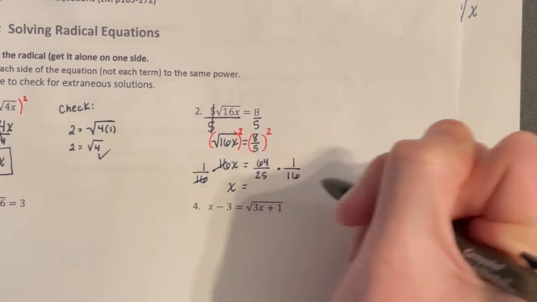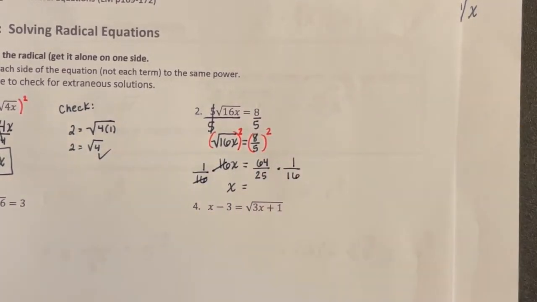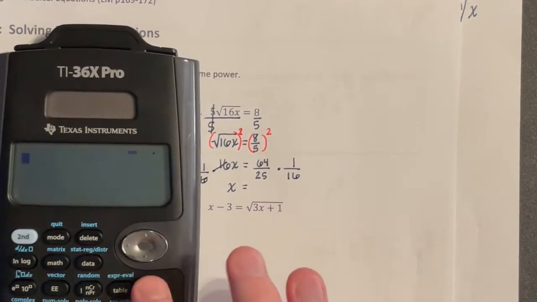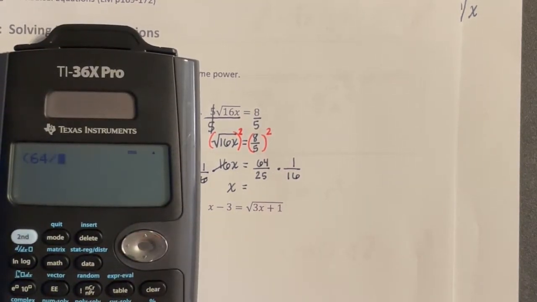So x is equal to whatever this is, but I would just plug that into my calculator to make it easier. If I had 64/25 and I multiply by 1/16, we get 0.16, but we want to turn that into a fraction, so that's 4 over 25.